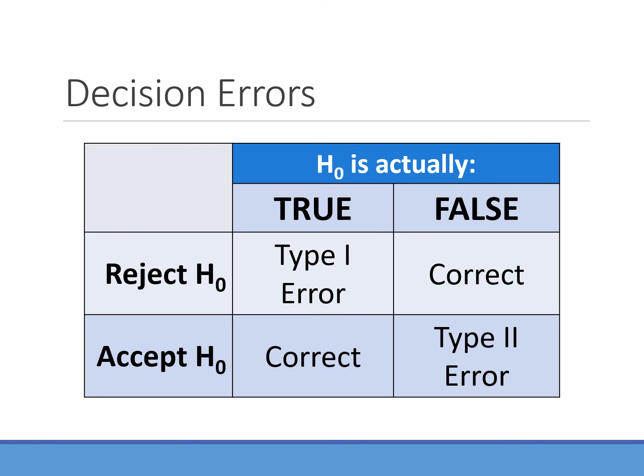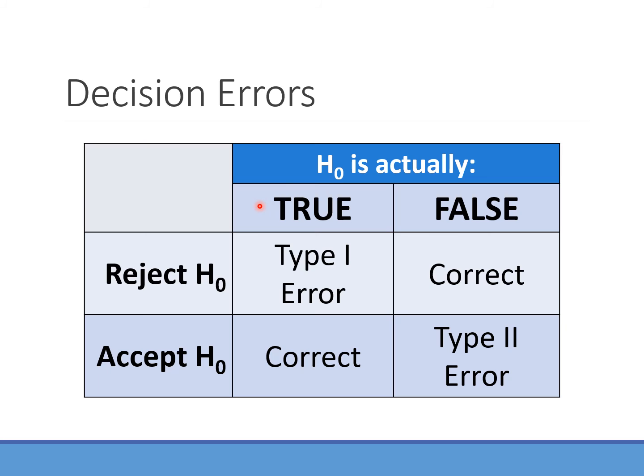All right, so let's talk about the decision errors that can be made when you are doing a hypothesis test. So let's say that there's some database out there that knows the actual reality of your hypothesis, okay? And remember, we're calling the null hypothesis H0.